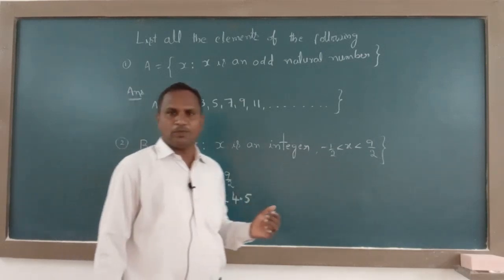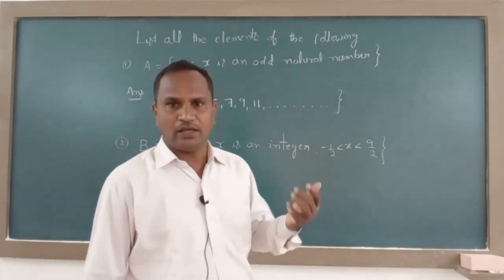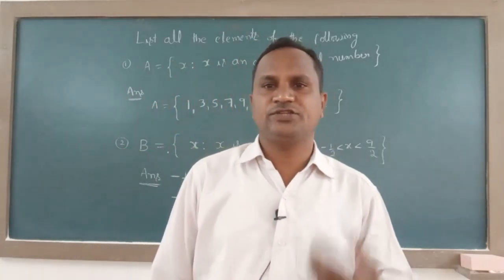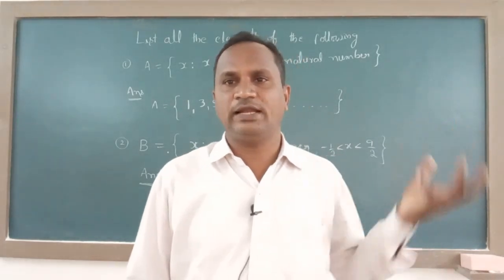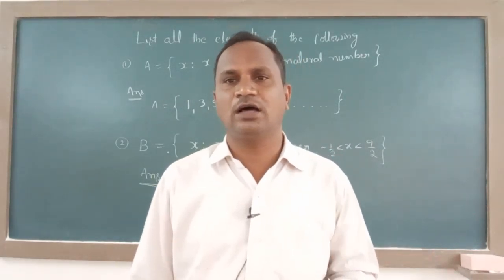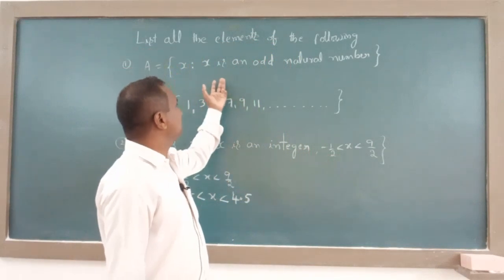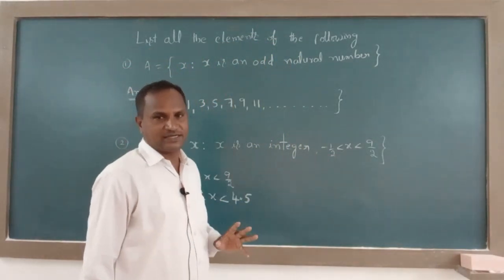Between minus 0.5 and 4.5, how many integers will you get? We must list them out. The question is only to list out all the elements of the following.